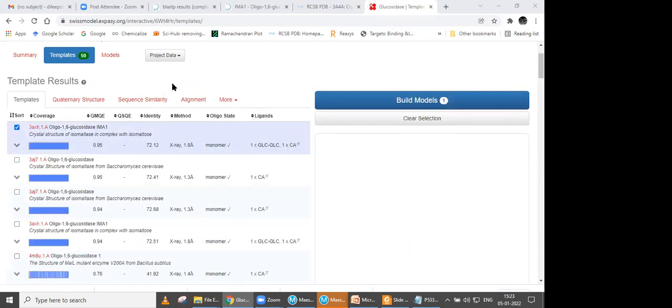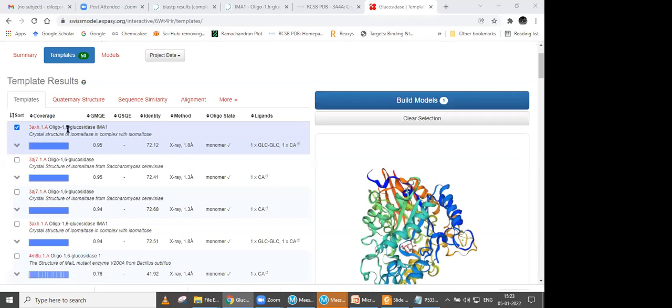Right here you can see the most favorable templates along with their PDB IDs. Here you can see 3AXH, 3AZ7, 3AJ7, 3AXH.